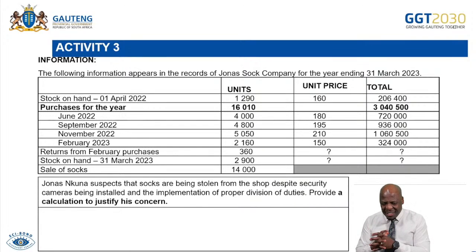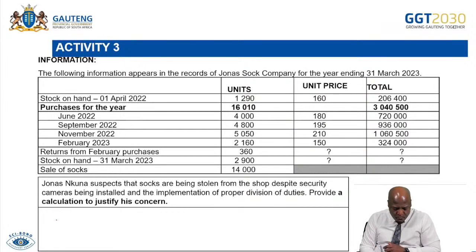So there's a number of ways in which you could have done this. All right, so let's begin with the first way. The first approach is to say your opening stock, which is your 1,290 here, and then you now add your purchases, 16,000 and 10, so 16,010.